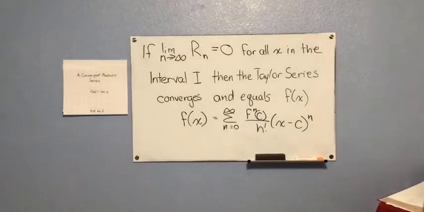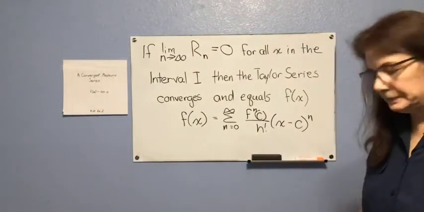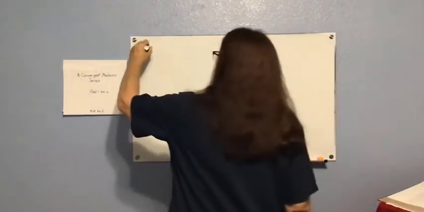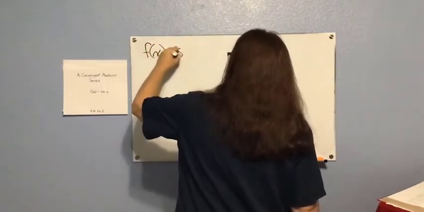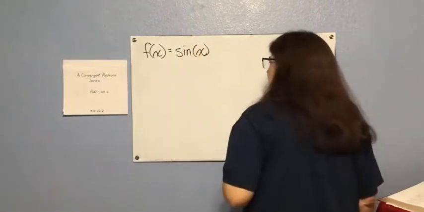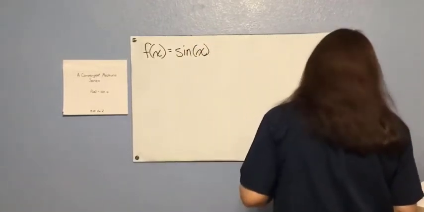Okay, and if you're interested, the proof for this theorem is in your textbook. So we're going to take this same function again, f of x equals sine x, and we want to show that the Maclaurin series for this function converges.